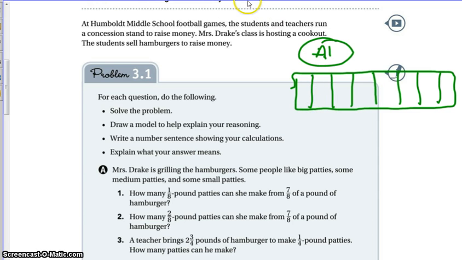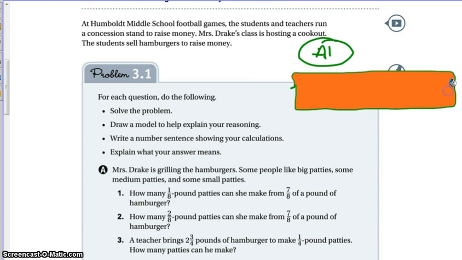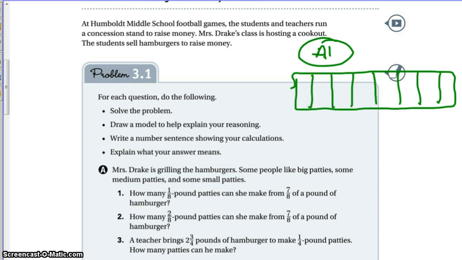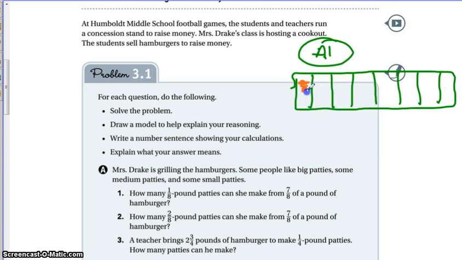Now, I have 7/8 of this hamburger. Let's go 7/8. I'm going to change this to orange. And I have 1, 2, 3, 4, 5, 6, 7. Okay, so I have 7/8.